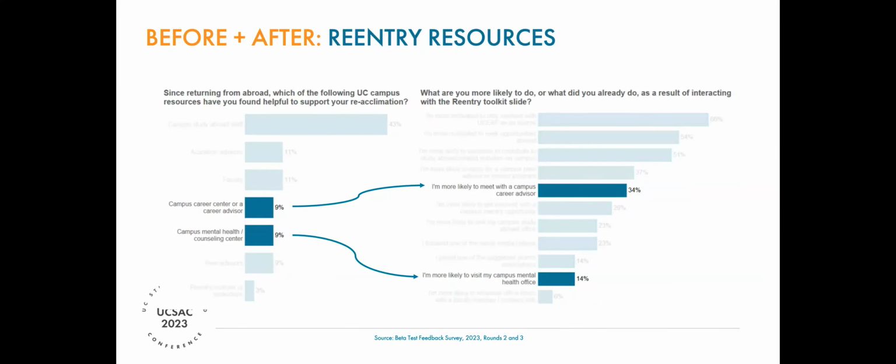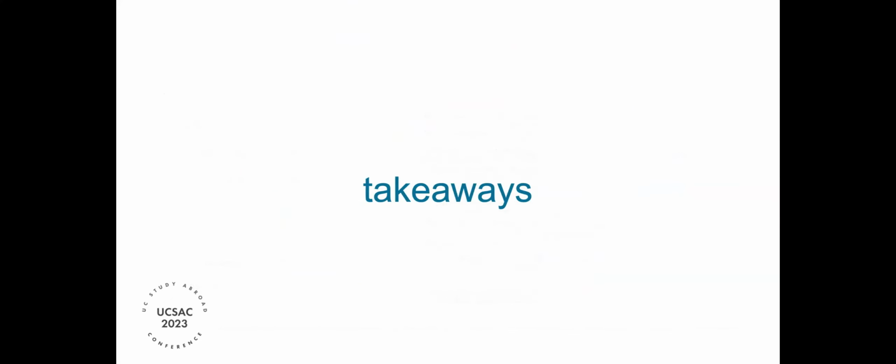Some of the most impressive results were that testers were more likely to want to meet with a campus career advisor or their mental health office after interacting with that toolkit. So the course is really benefiting students in the way we intended, to drive them to be more motivated to connect with campus resources. And we will continue tracking this type of information in our surveys.